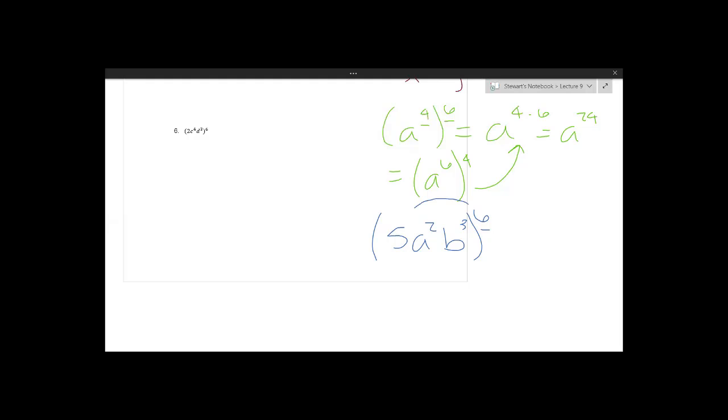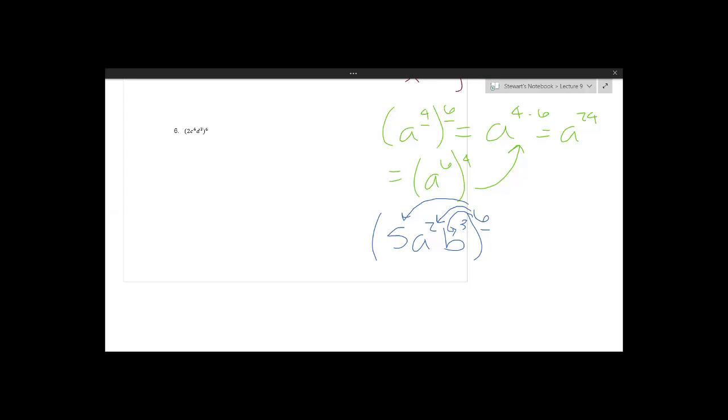So you'd have 5 to the 6th times a squared to the 6th times b cubed to the 6th. Since it's not just a single variable, you can't just interchange these. You have to actually carry this out.